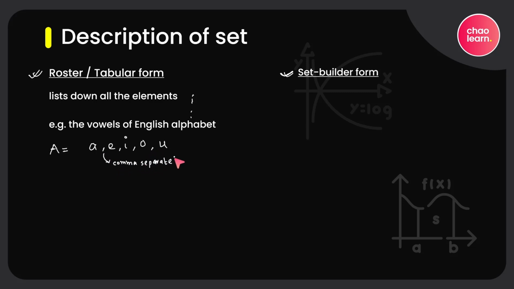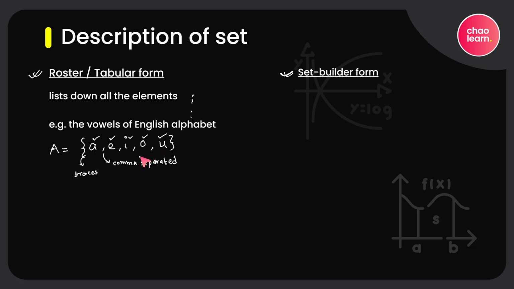All the elements need to be comma separated and the elements need to be enclosed within braces. So this is how you represent a particular set in the roster form. You have listed down all the elements that belong to a particular set. Anyone who is reading your writing can understand what the elements are that belong to this particular set.